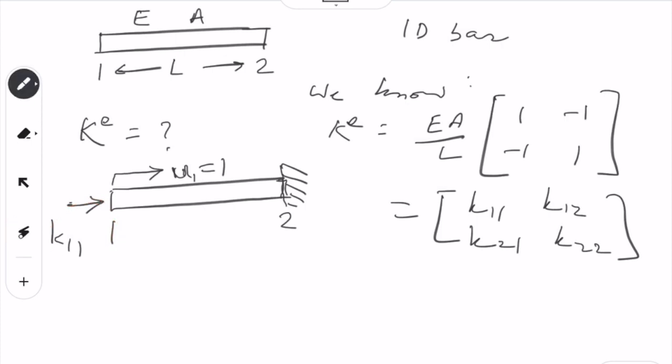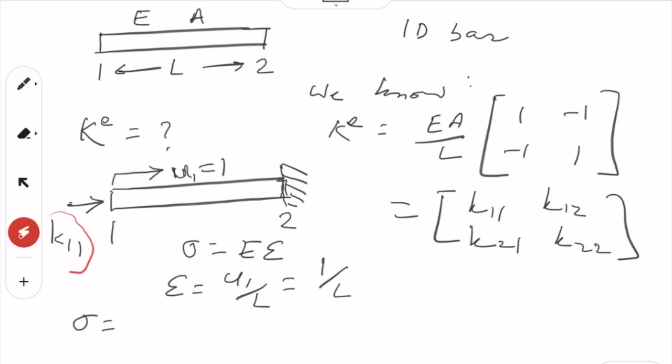Now we know that sigma equals E times epsilon, and in this case epsilon is u1 over L, but u1 is equal to 1, so it is 1 over L. Sigma in this case comes from K11 only, because this is the force that resulted in displacement equal to 1. So sigma is K11 divided by area.